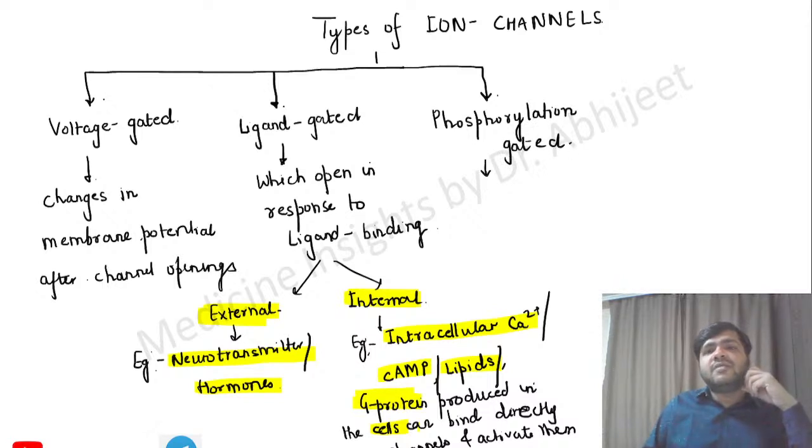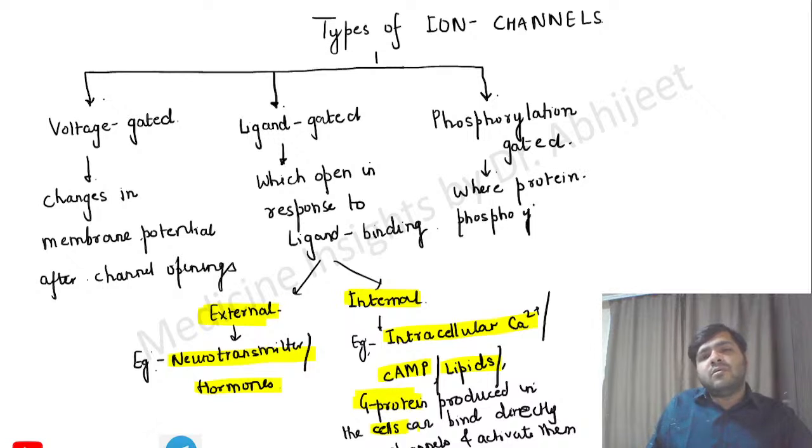Okay, phosphorylation का मतलब होता है फॉस्फेट ऐड करना या फॉस्फेट रिमूव करना। फॉस्फेट ऐड करोगे तो भी चैनल ओपन होगा, रिमूव करोगे तो भी चैनल होगा। तो यहाँ पे जो फॉस्फोराइलेशन होती है वो प्रोटीन की होती है। तो रिमेंबर, where protein phosphorylation and dephosphorylation regulate opening or closing.